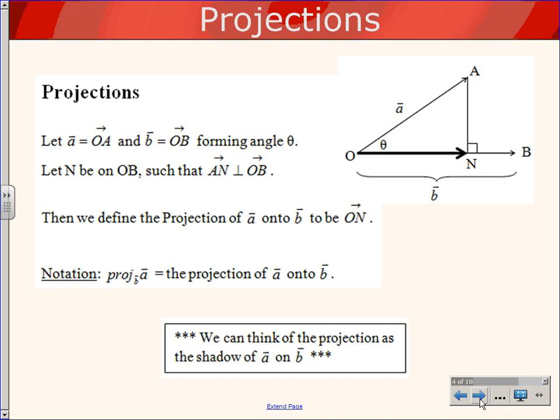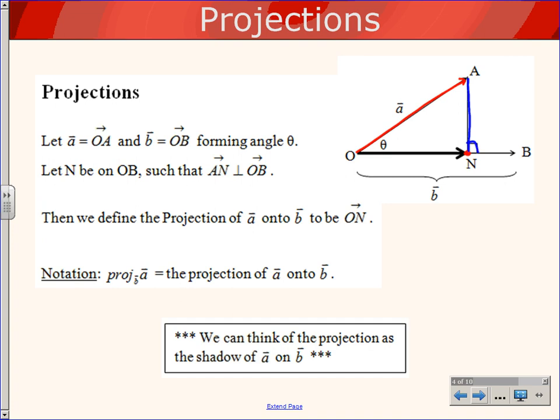it says let vector A equal OA. So we can see vector OA in this picture. And vector B be some other vector. So that's that horizontal looking vector there. And some angle theta in between them. Let N be some point on this line segment or this vector OB such that the line that goes straight down from A to N is perpendicular with vector OB.